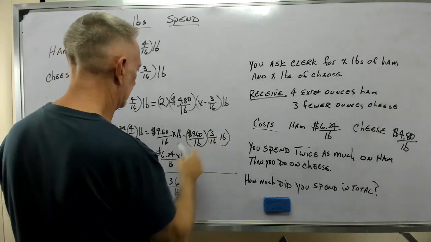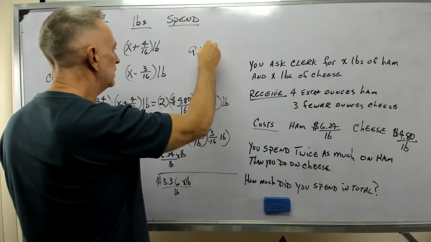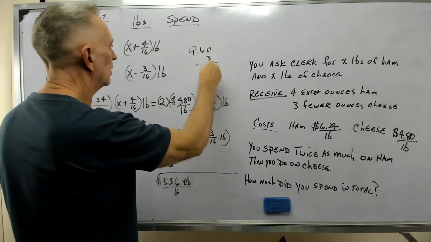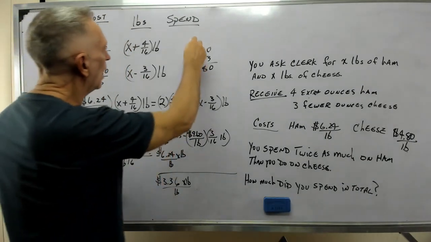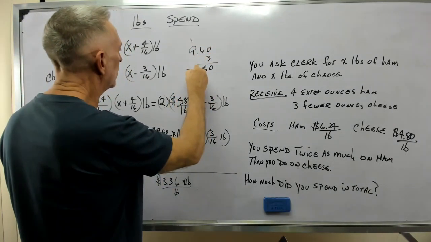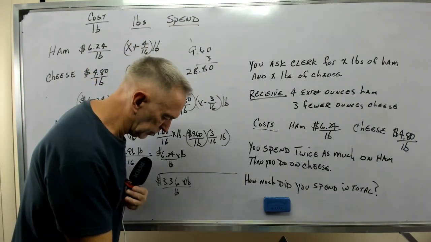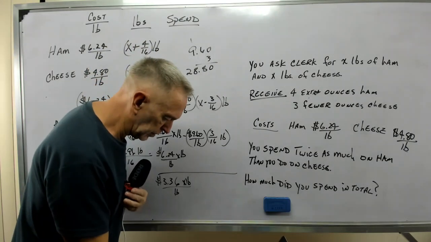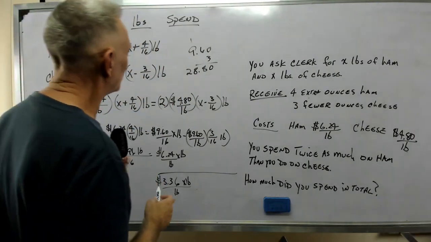Now we've got 9.60 times 3. 3 times 0, 18, 27, 28. Excuse me, I'm going to pause it and close my window so hopefully the dog can get a little quiet. Okay, I closed the window, but I think you're still going to hear it.